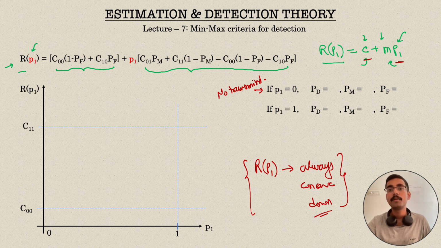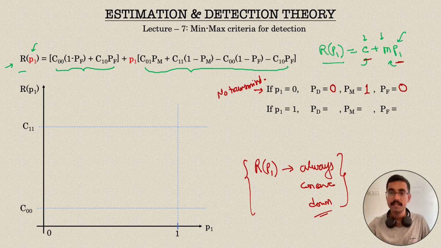No, right? So the probability of detection would be 0. If there is nothing transmitted, of course, the probability of miss will be 1. The probability of false alarm will also be 0 in this assumption. So we'll always be missing it, right? If there are no signals transmitted.